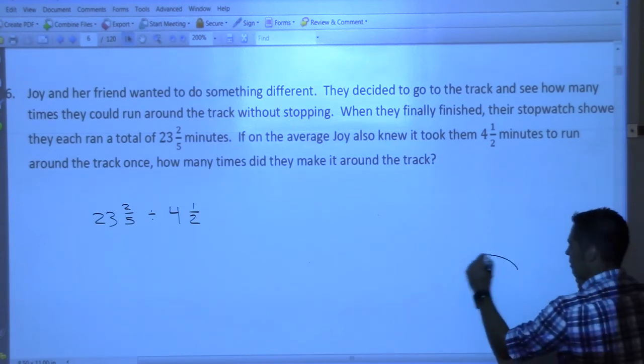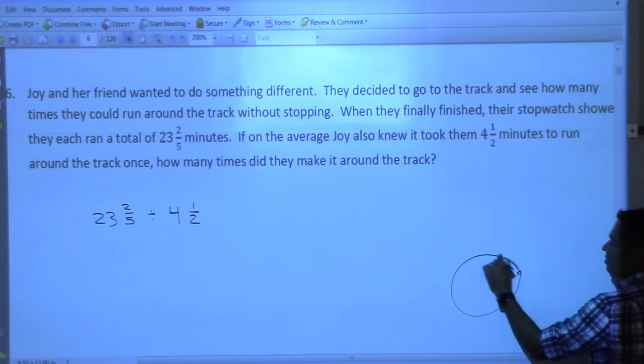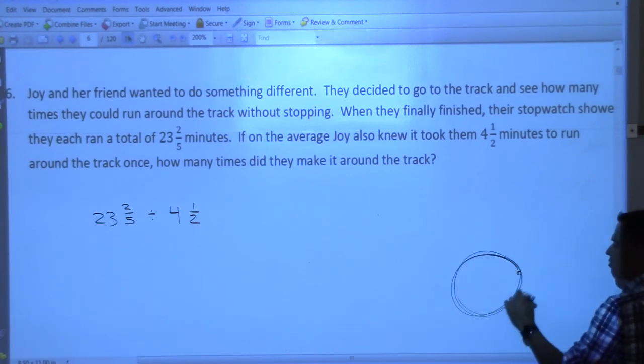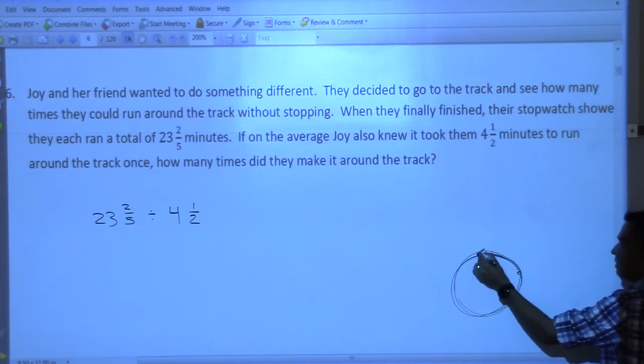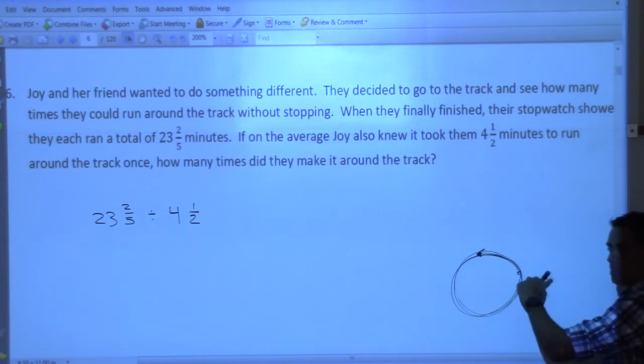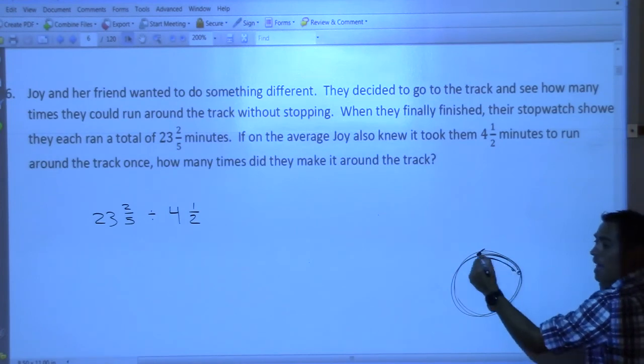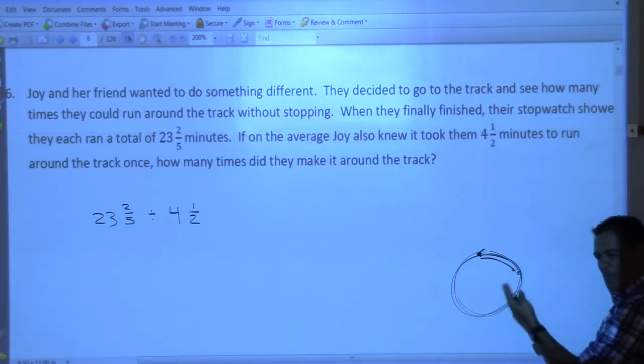So if they start here, and they go around once, and they go around twice, and then they stop there, then they didn't go around that other time. So we don't count that as how many times they went around. Does that make sense? Yeah.